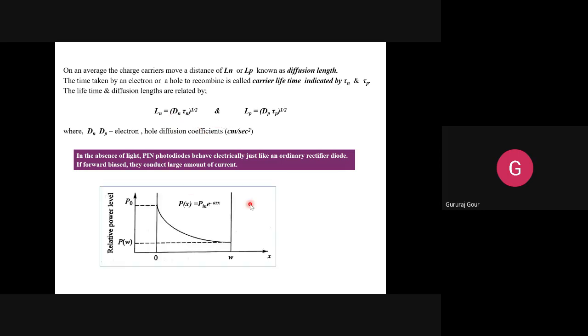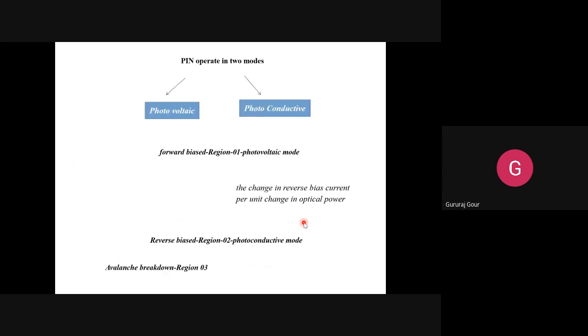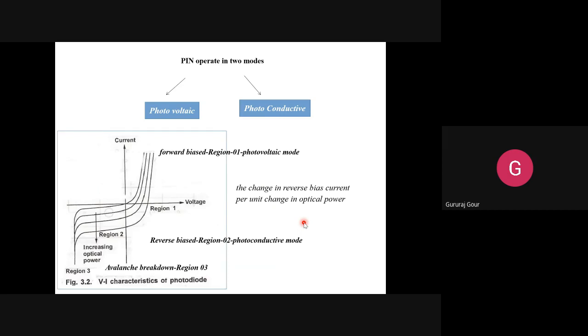So you can see the power will go on decreasing initially from P of 0 to P of W. When you reverse bias, it will start getting more power, more photocurrent. That's why the forward bias region is similar to the photovoltaic mode.